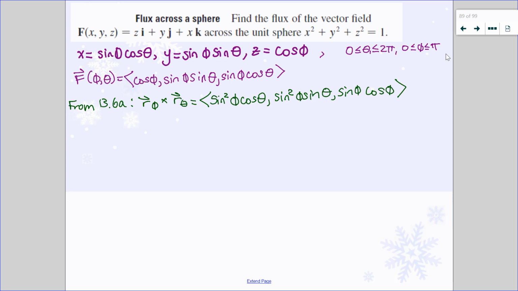We have the vector field. We have the cross product of all of the partials of these two vectors here. Now the integrand is the dot product of the vector field and r phi cross r theta. So remember to do the dot product. It's the x dot the x, the y dot the y, and the, let's do green, the z dot the z, or the z times the z, and then you add up all of those products.